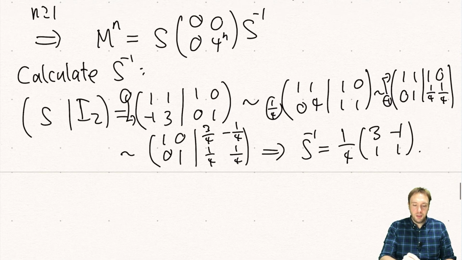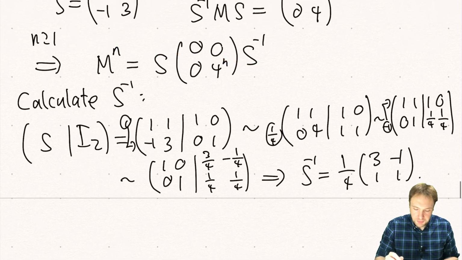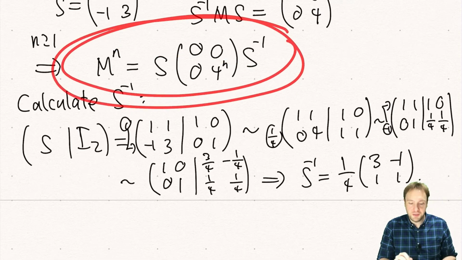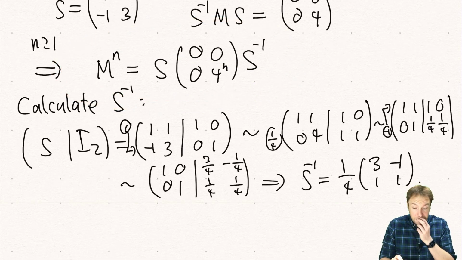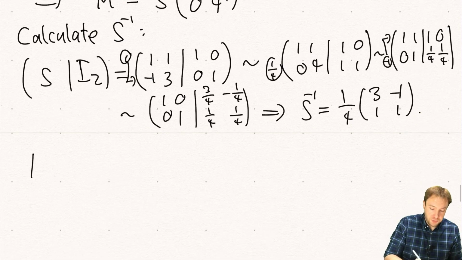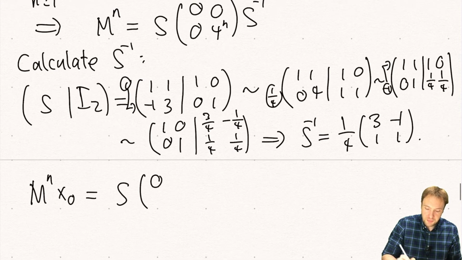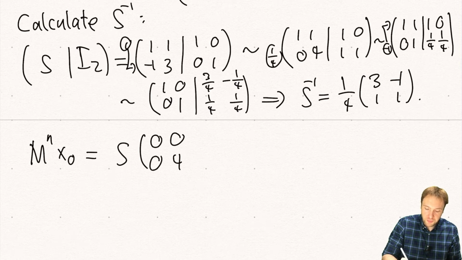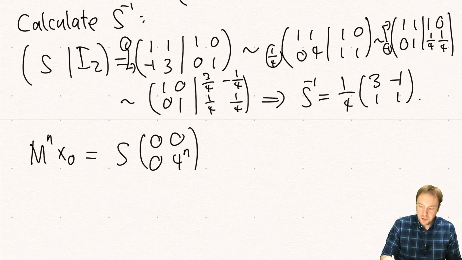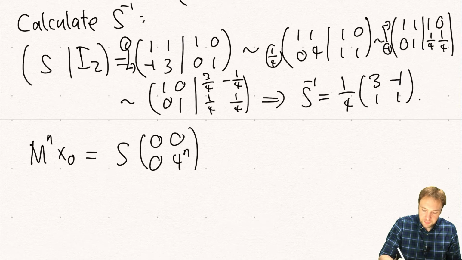Okay, so now we have every ingredient for this, and we can multiply this with x0. So M to the n times x0 equals S times the matrix 0, 0, 0, 4 to the n. And now S inverse, maybe I can write it directly.